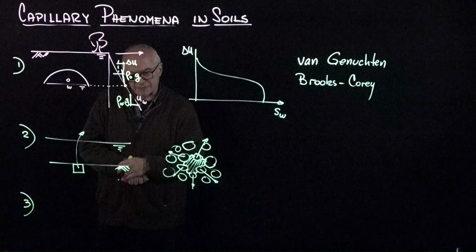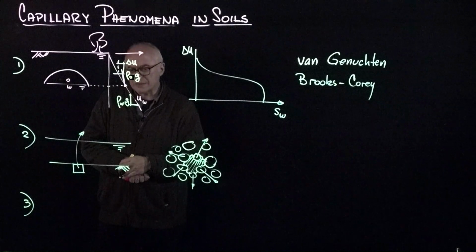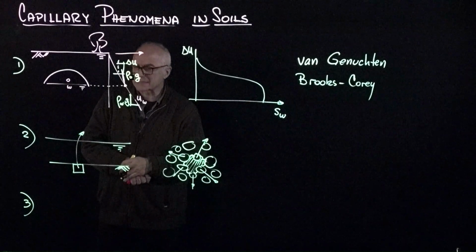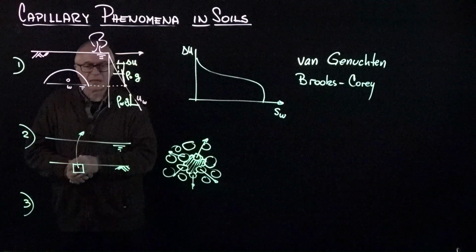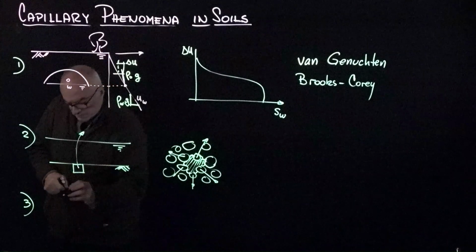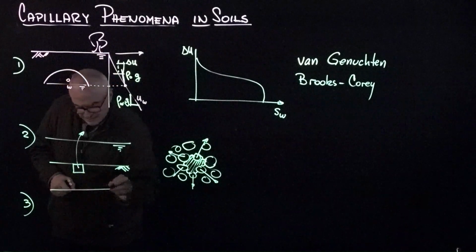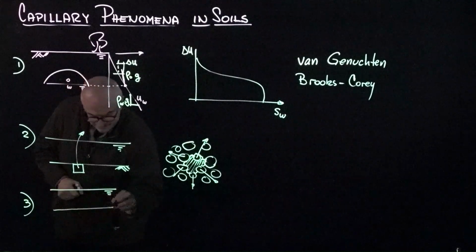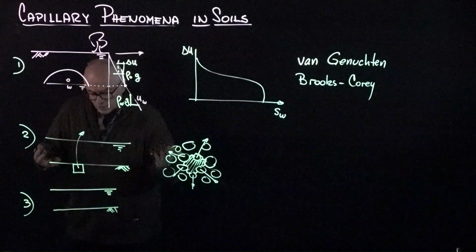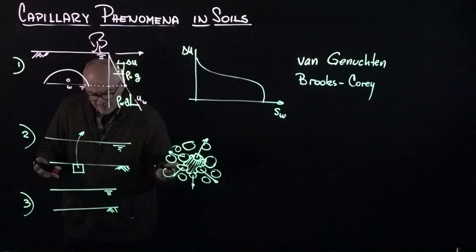The next example explores once again what happens when the sediment dries, something that we started talking about in our previous video. Imagine that I have a water surface here, and I have a sediment, and now the water begins evaporating.